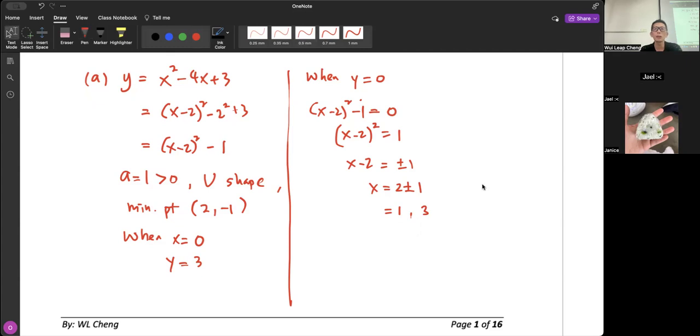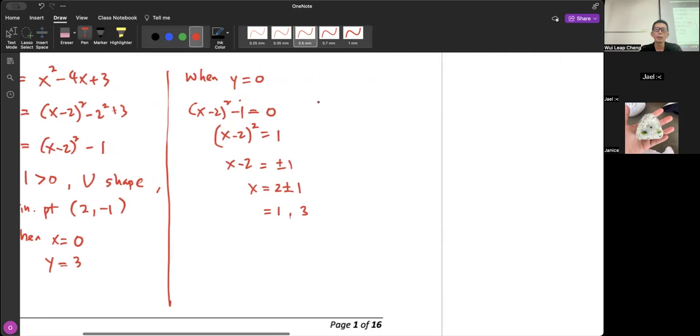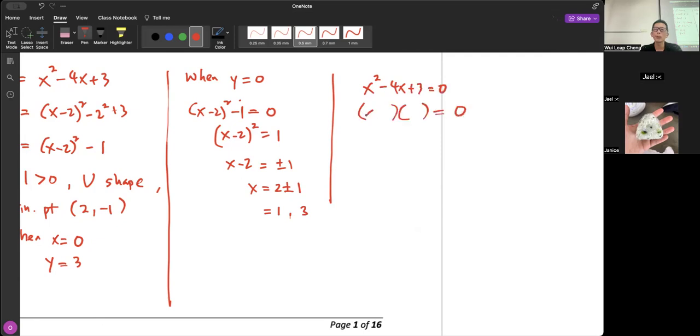Any question, Dora? Different method also can. The other method, if you don't like this method, you can factorize this, also can. If you factorize this, it still gives you the same thing. Correct or not? Both can.